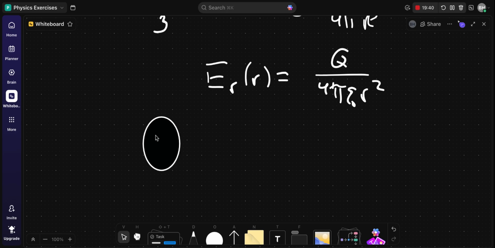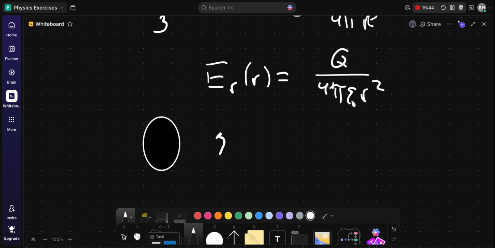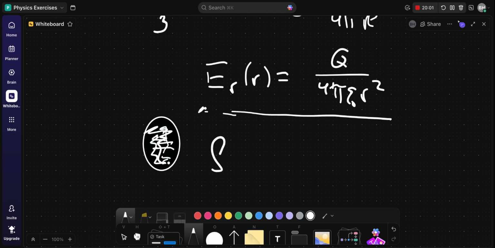And we have a homogeneous charge density, rho, which means that the charge is smeared homogeneously all around the sphere. But if you're outside the sphere, all you see is a point charge, because this electric field is the same electric field that a point charge would have if it was situated here at the center of the sphere.